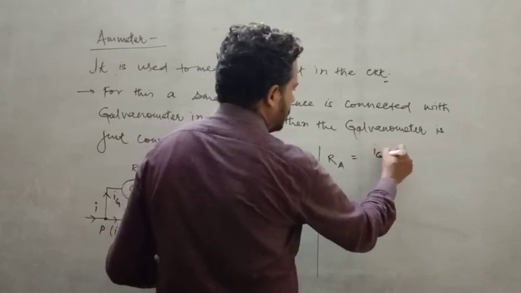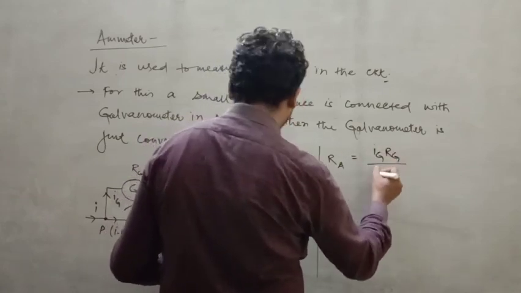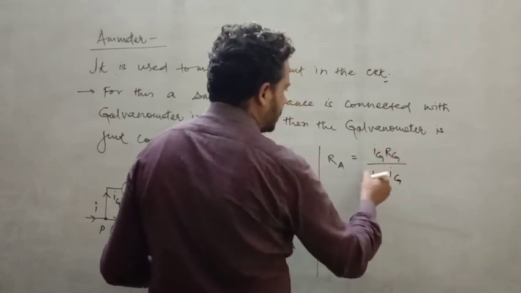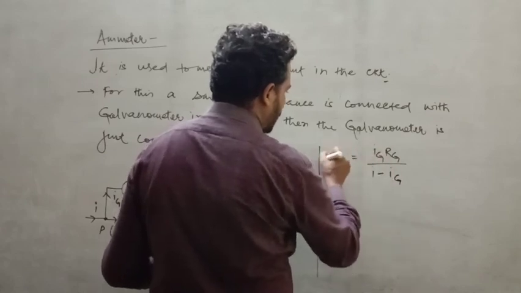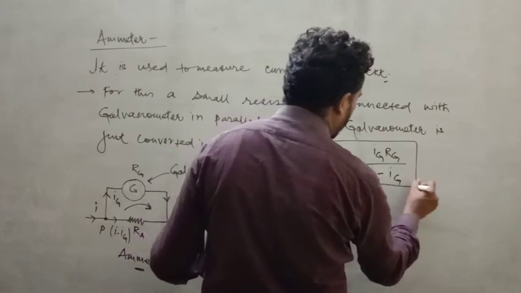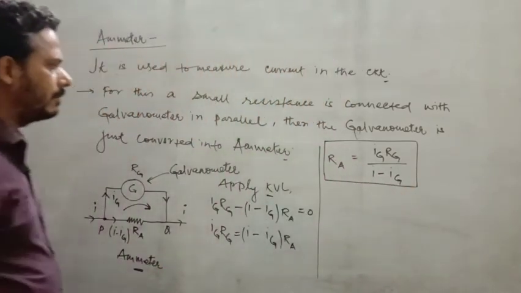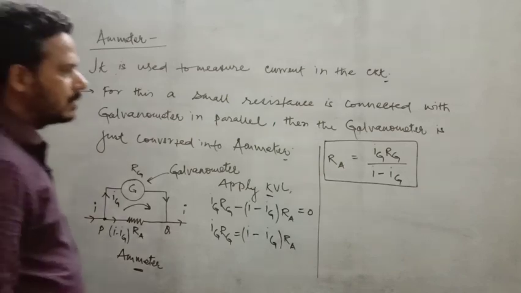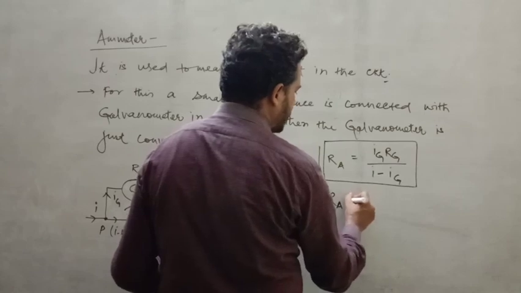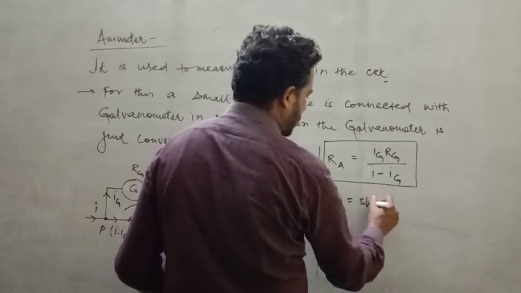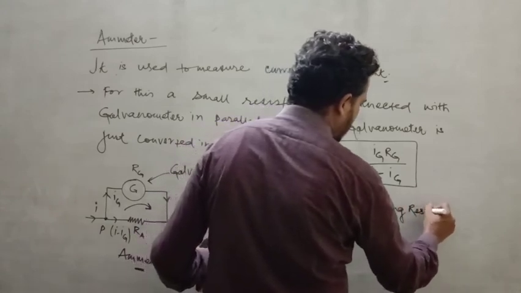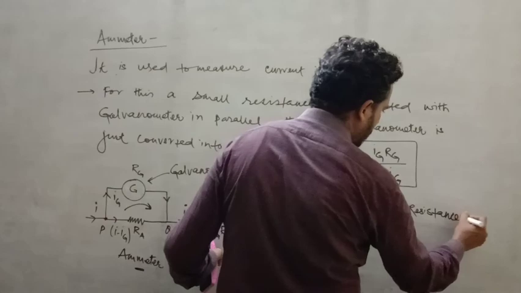So Ra equals IgRg divided by I minus Ig. This is the way to find the resistance that you have connected in parallel with the galvanometer. This resistance is also called the shunting resistance.